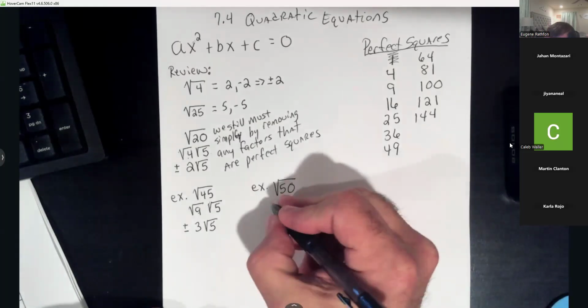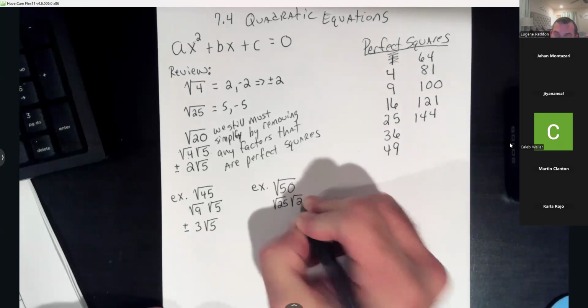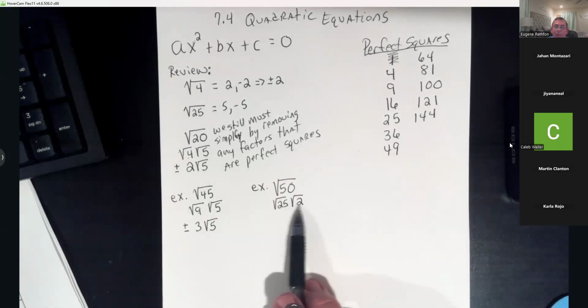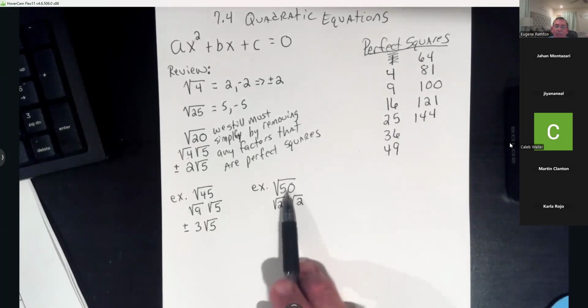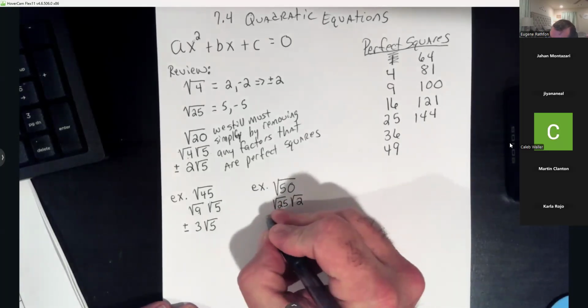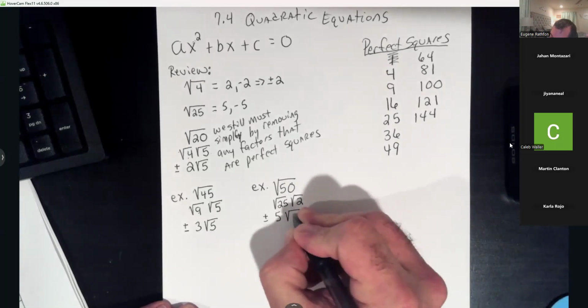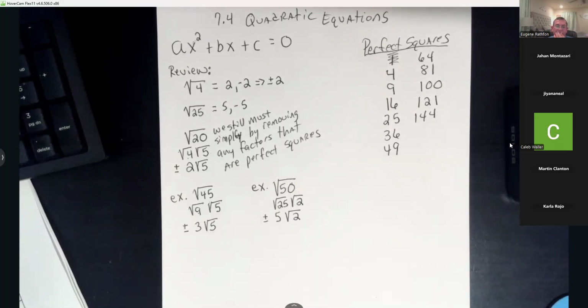All right, 25, good job. So I'll make this 25 and 2. See, while they're both under the radicals, they got to equal 50 if you multiply them. All right, y'all, so let's take the square root of 25, and that'll technically give me a plus or minus 5 square root of 2.